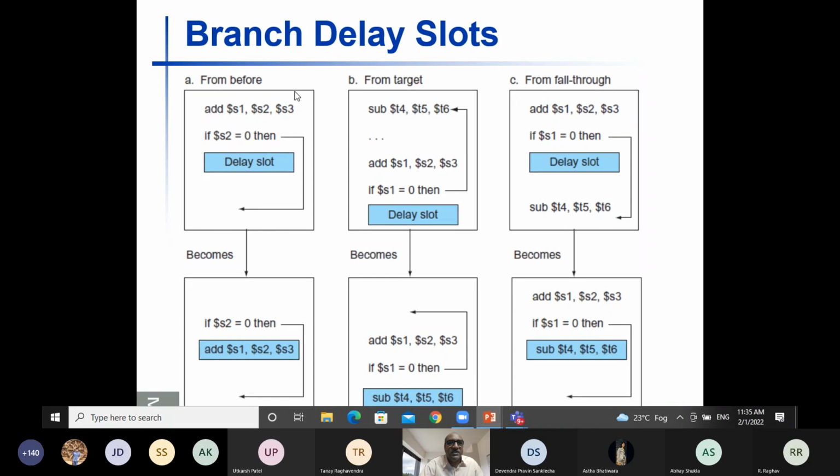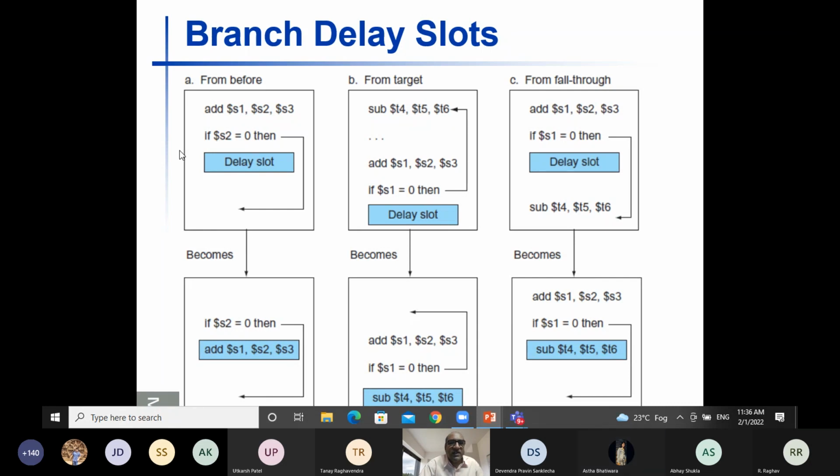Since you have moved this instruction, it doesn't matter whether it executes over here or there; it will not influence the correctness of the program. If you make the branch circuitry in the second stage, and the prediction is wrong or the branch is taken, then we need to flush the immediate instruction we entered into the pipeline.